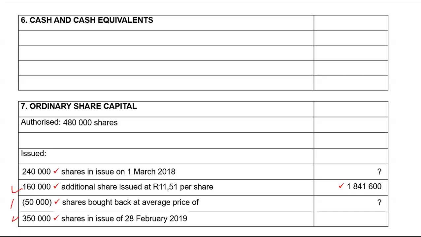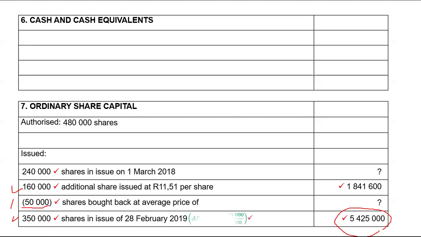Our share capital at the end of the year will be 5,425,000. We've got the share capital at the end of the year. We've got the number of shares at the end of the year. And the last transaction was the buyback. So I'm going to take the share capital at the end of the year divided by the number of shares issued at the end of the year.